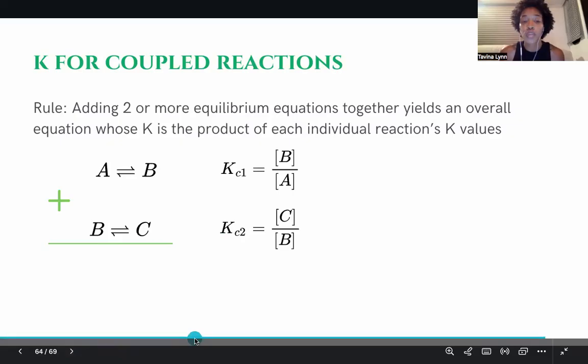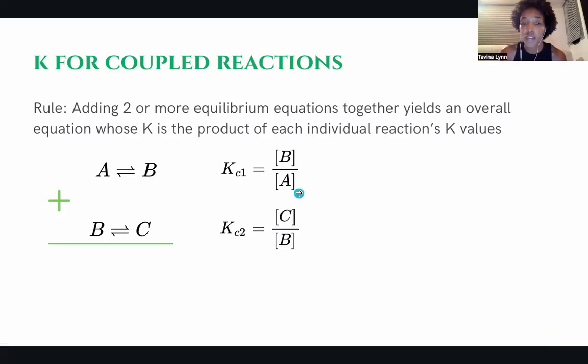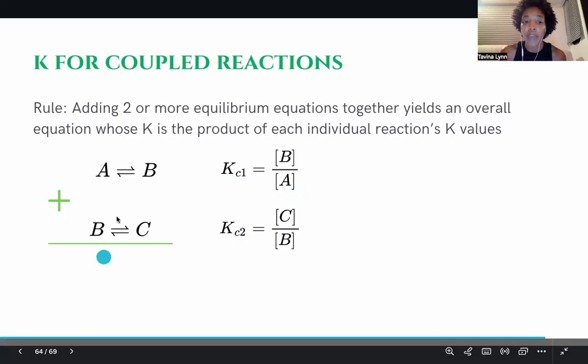So here are two equilibrium equations that we're adding together, A to B plus B to C. And we have our equilibrium constant for each of these reactions, represented by Kc1 and Kc2. Now, when we add these reactions together, we get A plus B yields B plus C. B cancels out because it's on our reactant and product side, and we basically get an overall equation of A to C.